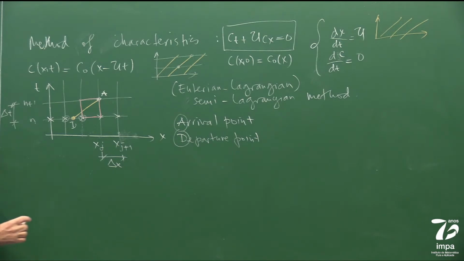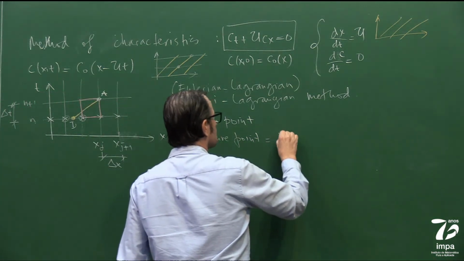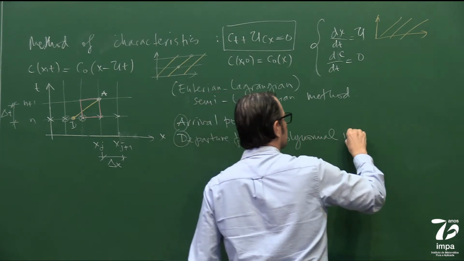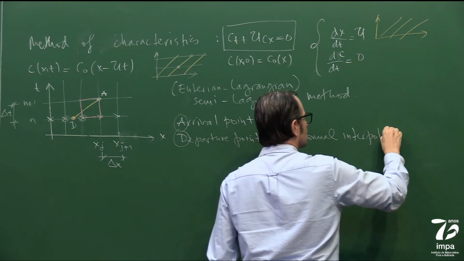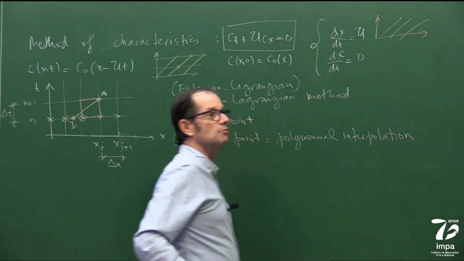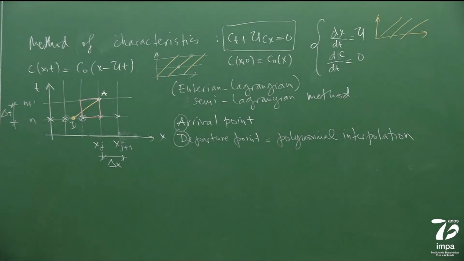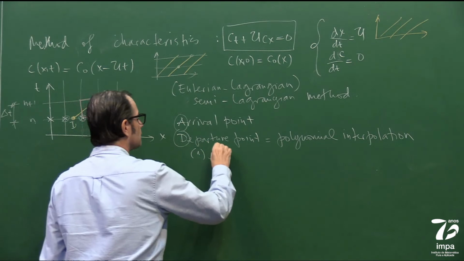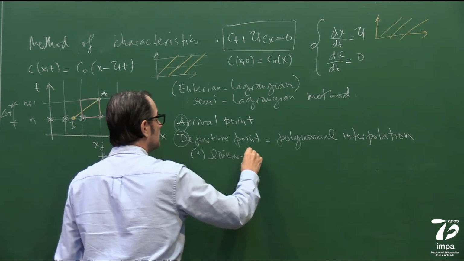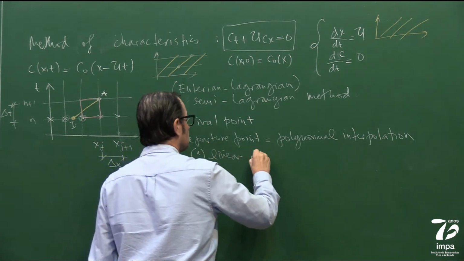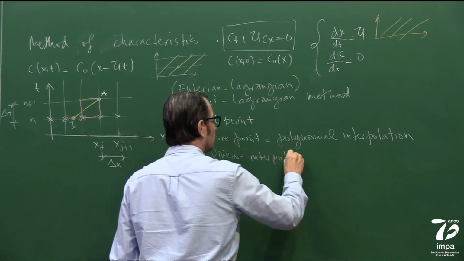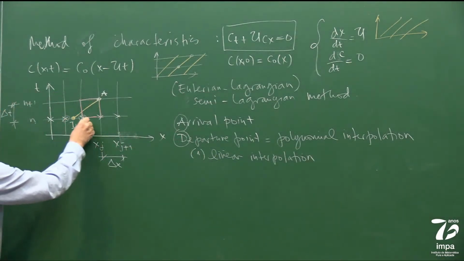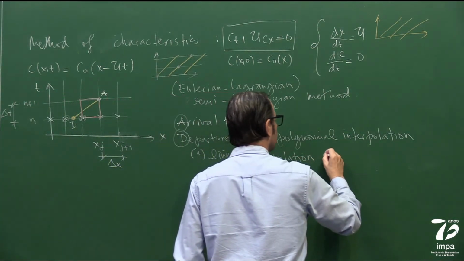So the options for the departure point: option 1 is polynomial interpolation, which could be a linear interpolation, which means these two nodes here.